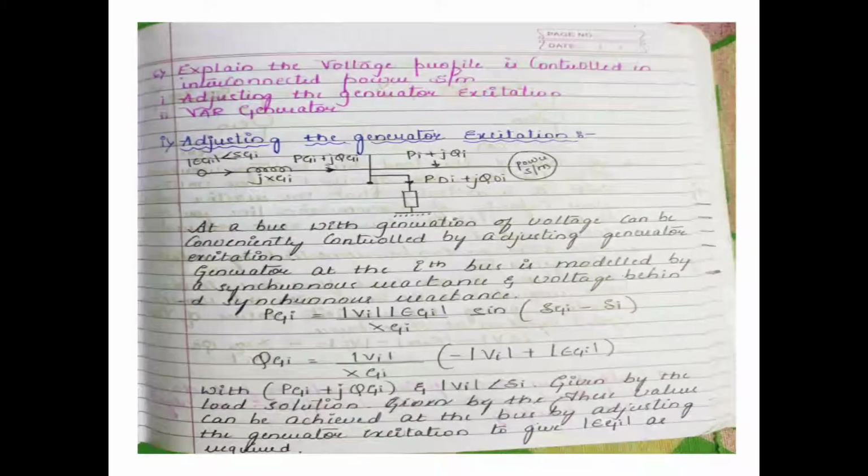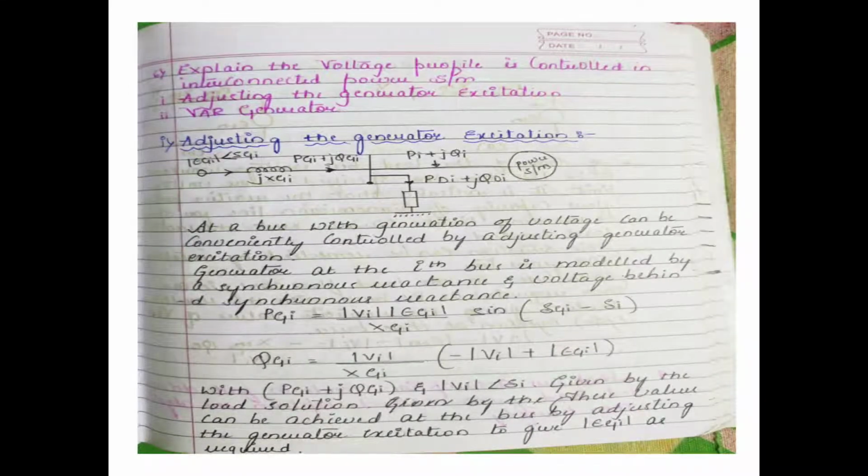Next, voltage profile control is the last concept of the second module, adjusting the generator excitation. Initially the generator voltage is the input, with the generator real and reactive power on one side and the load demand on the other. At a bus with generation, the voltage can be conveniently controlled by adjusting the generator excitation.